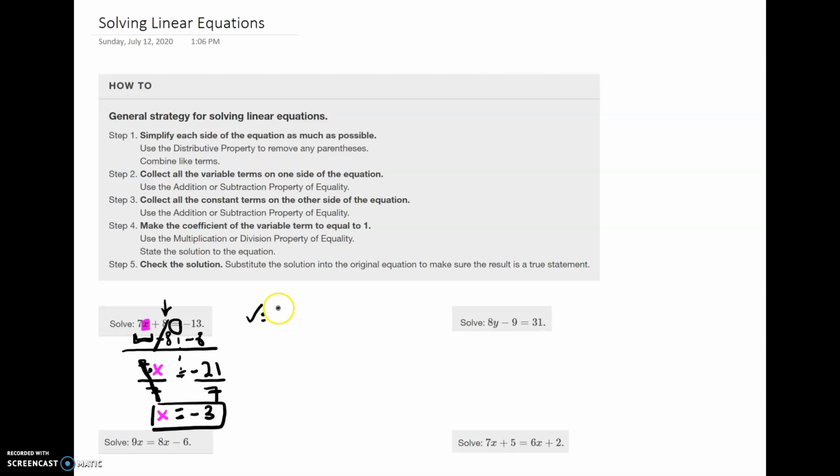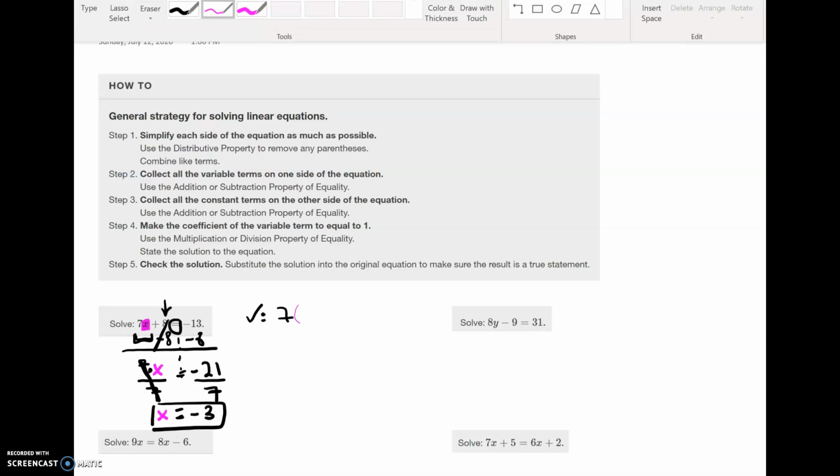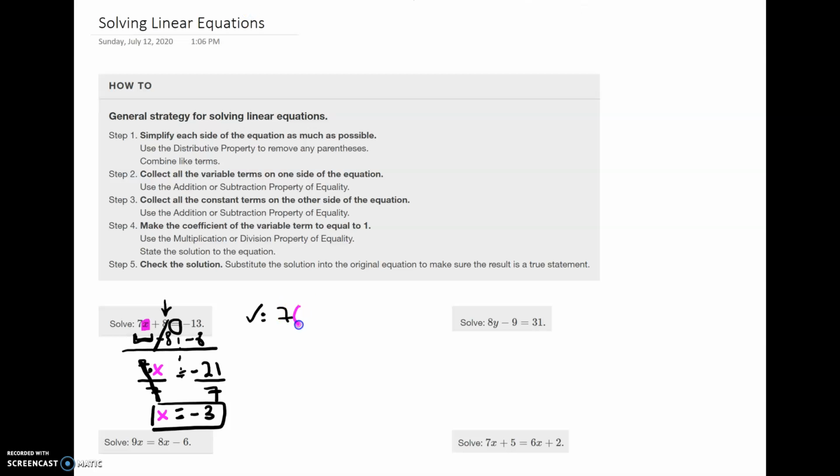So I'm going to plug in the answer that I got, which was negative 3, into my x variable. And then I'm going to add 8, and I want to make sure that that equals negative 13.